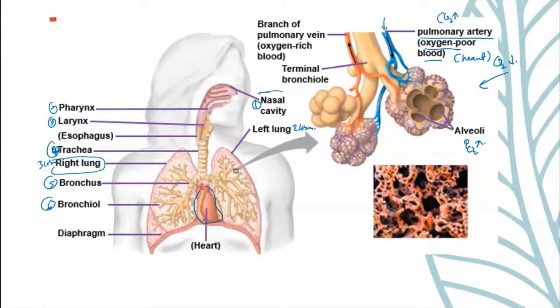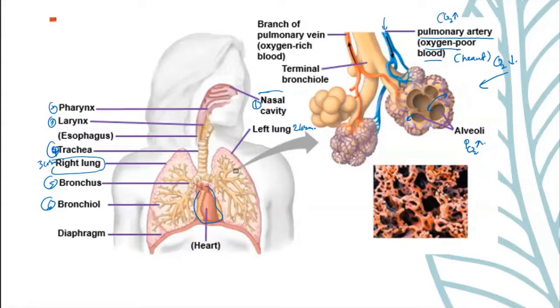So oxygen from the alveolus diffuses into the blood capillaries. Carbon dioxide from the blood capillaries diffuses out into the alveolus. So you have to know the direction of the diffusion of these gases. Oxygen from alveolus into blood capillaries, carbon dioxide from blood capillaries into the alveolus.